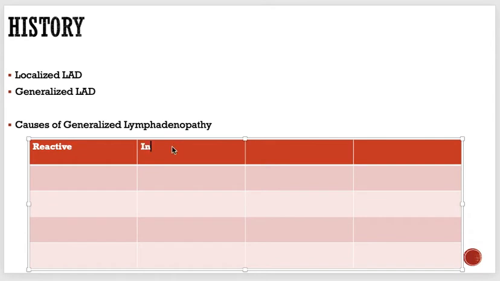It could be inflammatory, when some inflammatory process is going on in the body. And it could be neoplasms or neoplastic lymphadenopathy. Of course, we try to search out the cause.